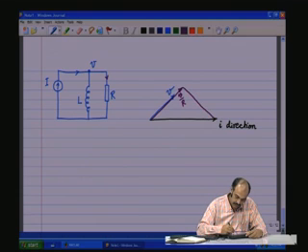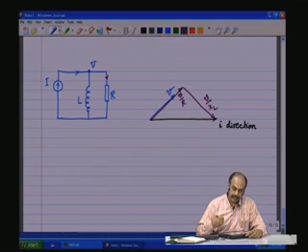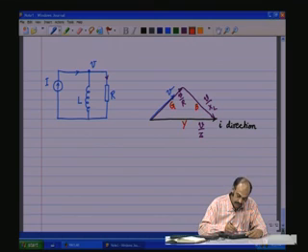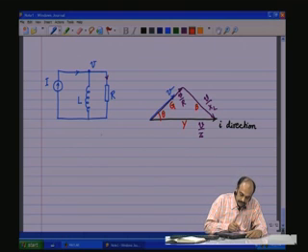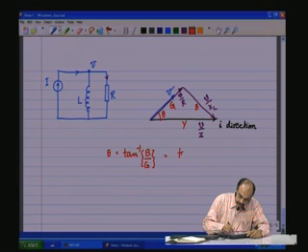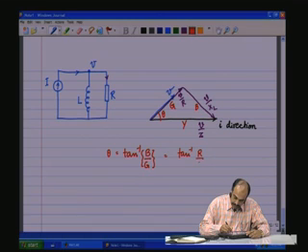So, this is V by XL, and this is V by Z. So, this is the G, this is the B, and this is the Y. This of course is theta, and the angle theta is given by tan inverse of B by G, which is equal to tan inverse of R by XL.